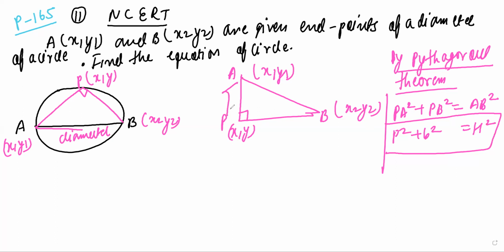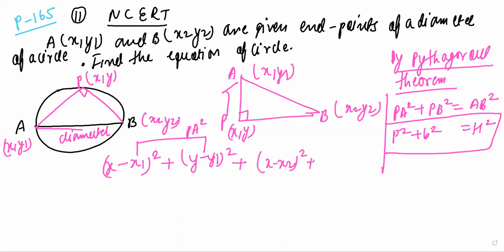So PA is the distance between these two points. So we can write PA square as x minus x1 whole square plus y minus y1 whole square, by the distance formula. Right. Similarly for PB. Now write for PB. So PB square will be x minus x2 whole square plus y minus y2 whole square.